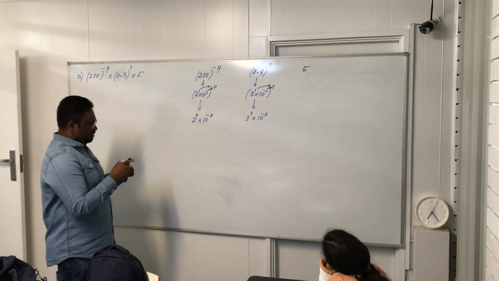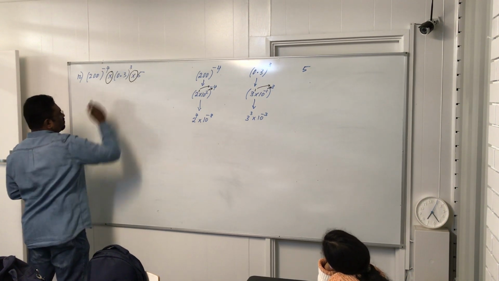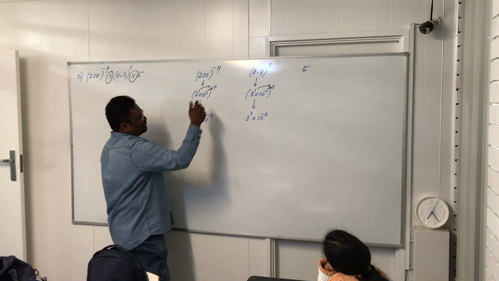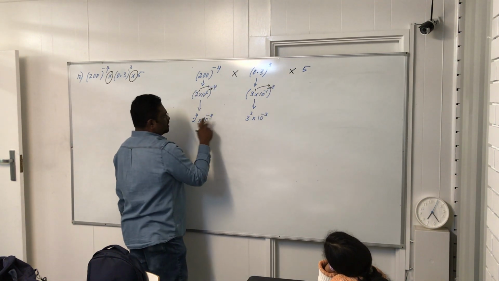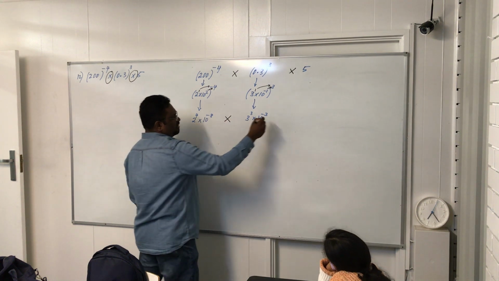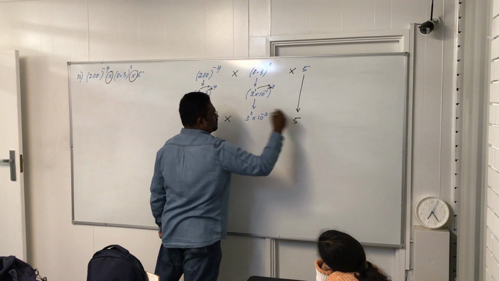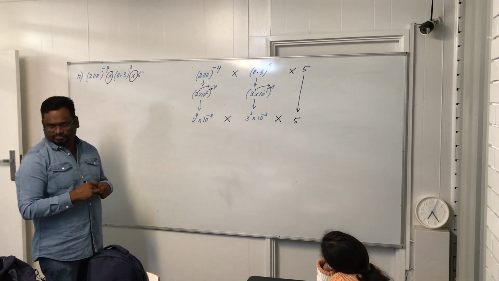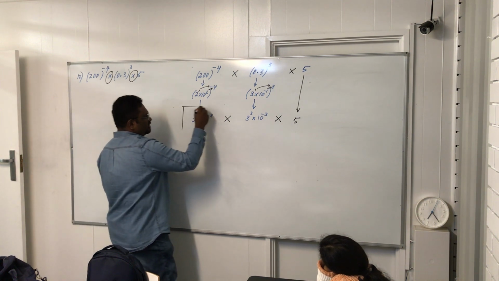Now, what is happening here is the multiplication. So you have to introduce the multiplication in between, and then you bring this 5 just here. Right? So now you have to concentrate on this level.